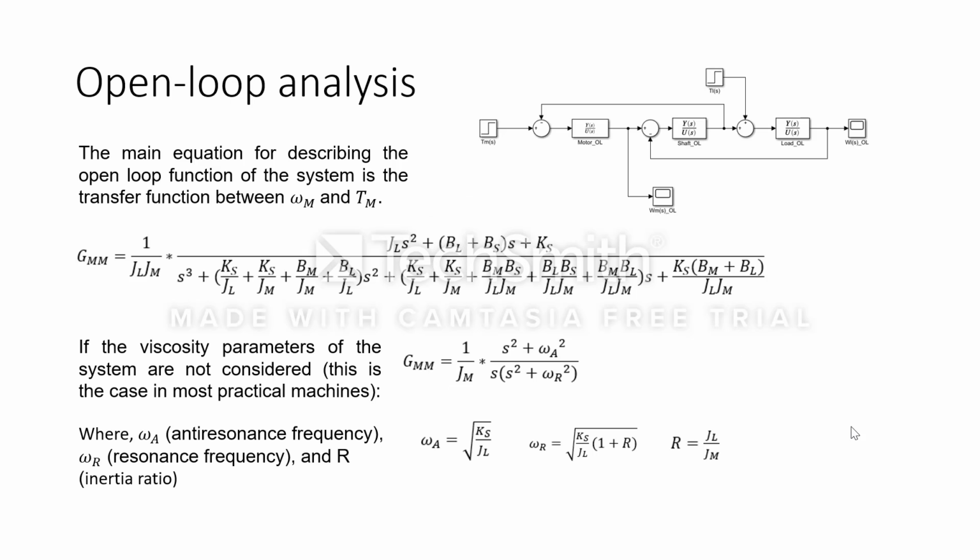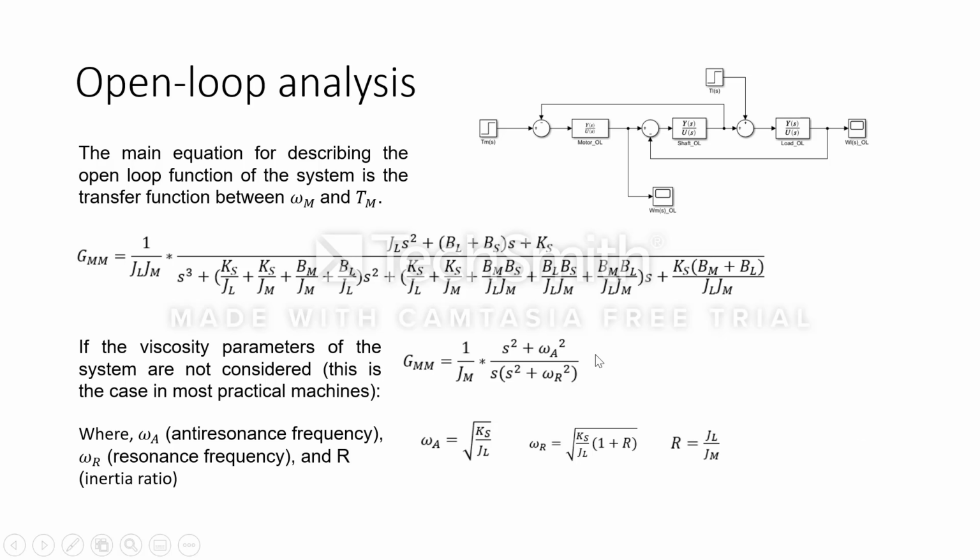The open loop analysis takes the motor speed as the main equation for this analysis, since measuring the load speed in the open loop is a little bit more complicated. And if we can see that the motor speed is not stable, it would indicate that the load speed is not stable.